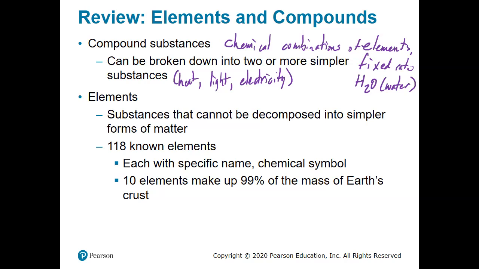So compounds can be broken apart into simpler substances. It's just a matter of, usually we have to do some form of extraordinary means to do it. Elements, on the other hand, because they are one type of atom, cannot be broken down into simpler substances.